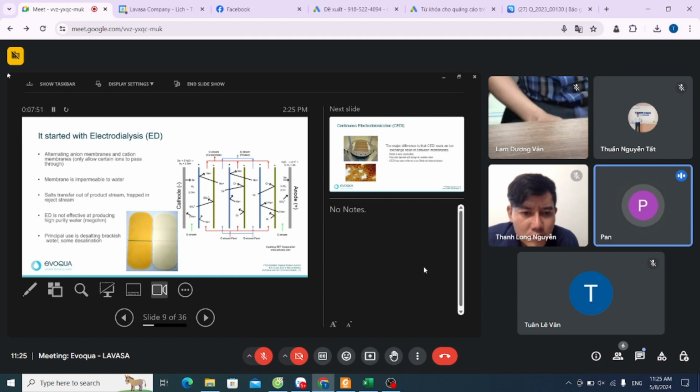Cations are things like sodium, calcium, or magnesium, anything with a plus sign: Na plus, Ca 2 plus, Mg 2 plus. Anions are those with a minus sign: chloride, Cl minus, SO4 2 minus, CO3 2 minus, carbonate. So it only allows certain things to pass through, and then the salt is put into the reject stream.